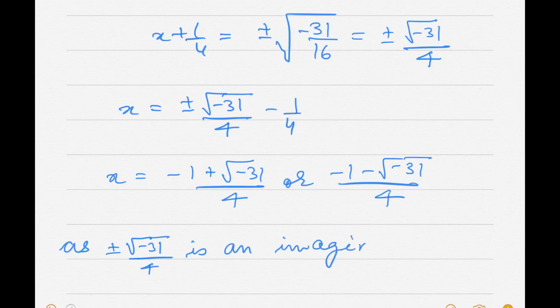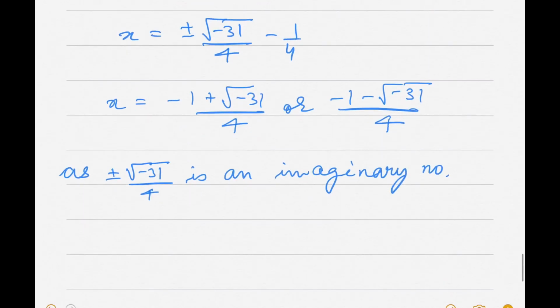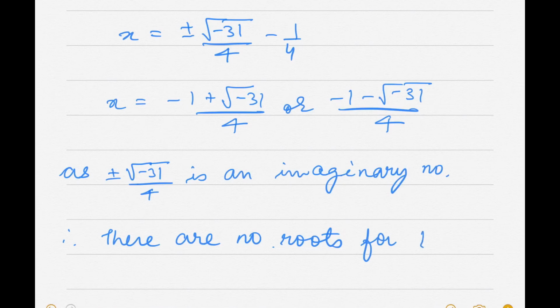The square root of a negative number is an imaginary number. So therefore I can say there are no roots. We had to find the roots for this equation.